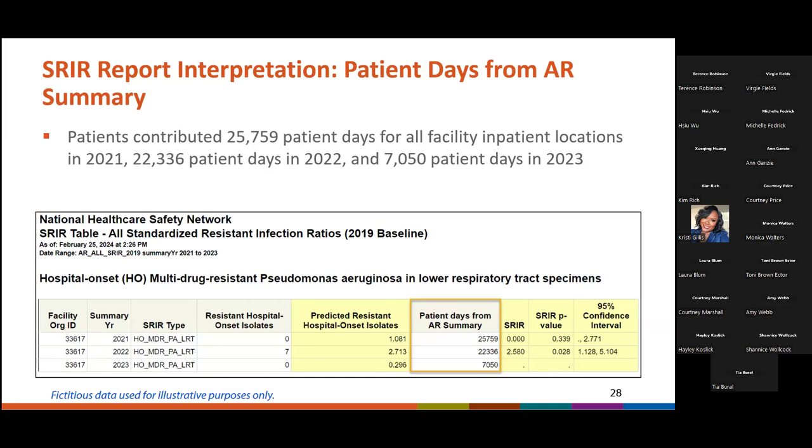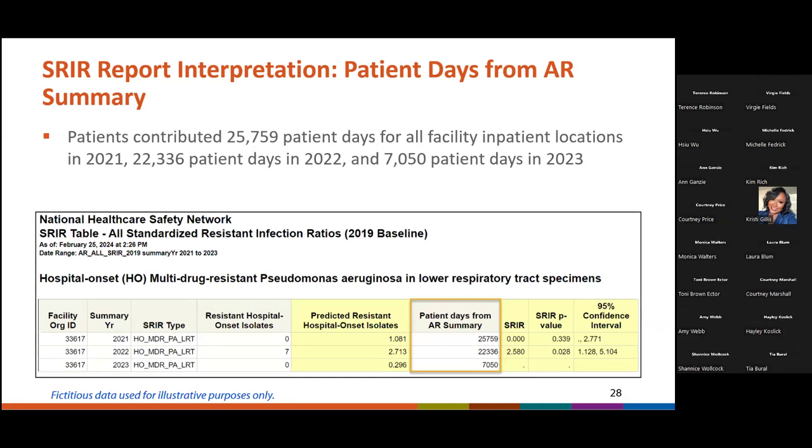The patient days from the AR summary are pulled from the FACWID-N patient days that facilities submit monthly for the AR option. Patients contributed 25,759 patient days for all facility inpatient locations in 2021, 22,336 patient days in 2022, and 7,050 patient days in 2023.